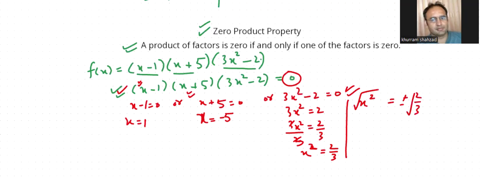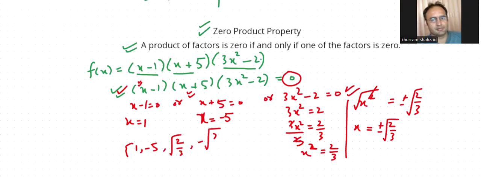So this square will cancel with the square root, and we are left with x and plus minus the square root of 2 by 3. So these are the zeros for this polynomial: 1, negative 5, the square root of 2 divided by 3, and negative the square root of 2 divided by 3.